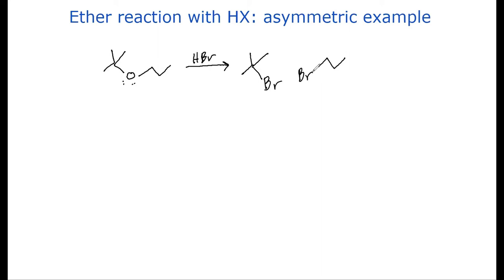The mechanism by which this occurs starts with the oxygen picking up a hydrogen. First step of any reaction involving a strong acid: use the strong acid to protonate something. In this case, we're protonating the oxygen on the ether to make it a good leaving group.